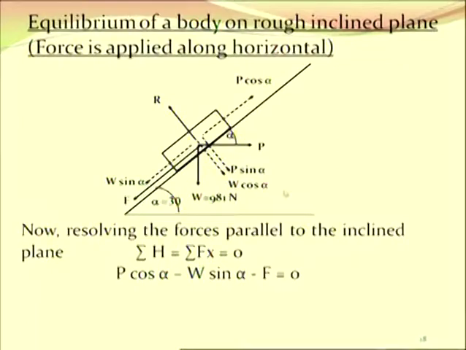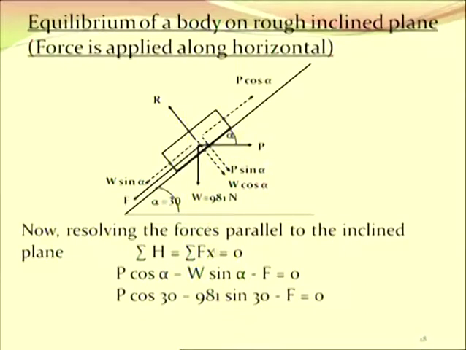Earlier we took perpendicular to the plane, now parallel to the plane. Three forces there: P cos alpha, W sin alpha and F. P cos alpha acts towards the positive direction, hence it is positive. W sin alpha and F both act opposite to that, towards the negative direction of X, hence they are taken as minus. So P cos alpha minus W sin alpha minus F equals 0.